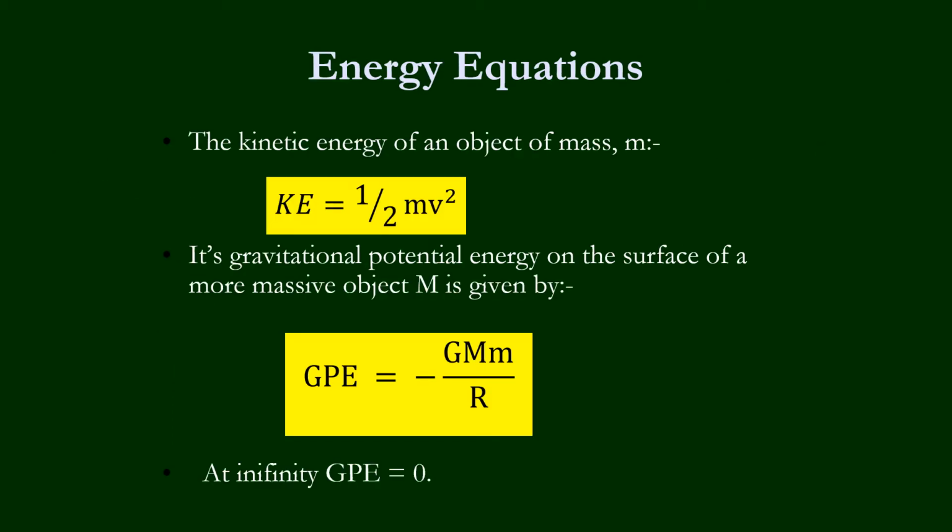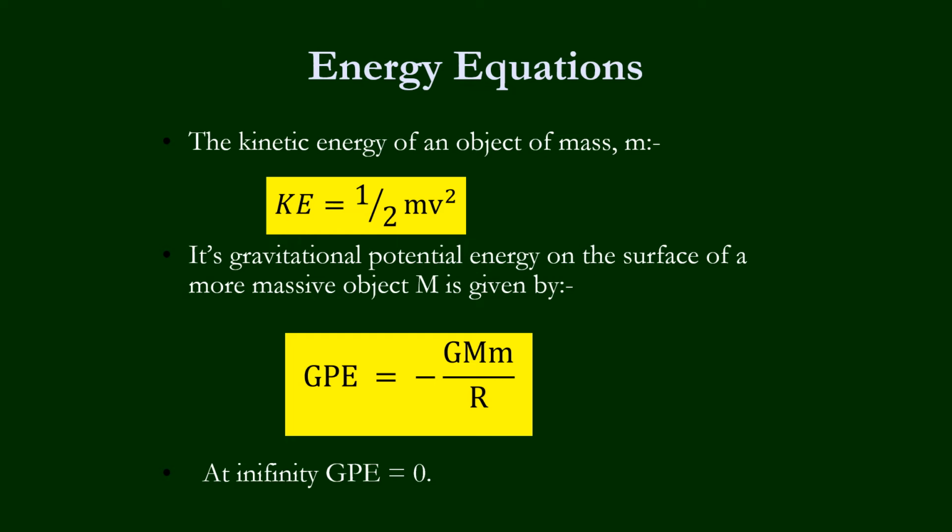So we know kinetic energy is half mv squared, and from gravitational fields, the gravitational potential energy on the surface of a more massive object M is minus GMm over r. And at infinity we define the GPE as 0. So this goes back to gravitational fields.